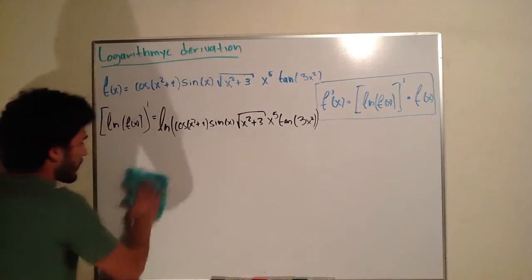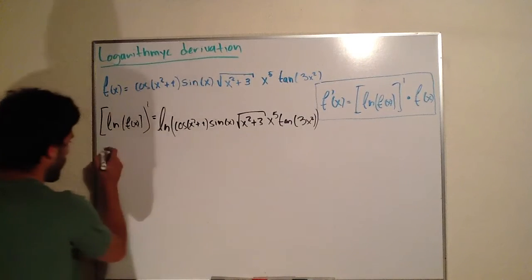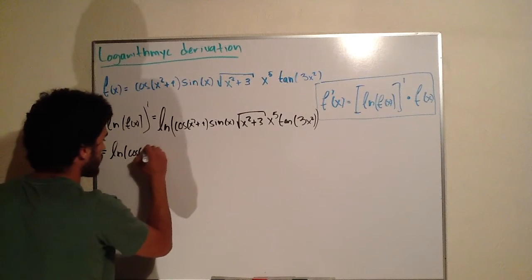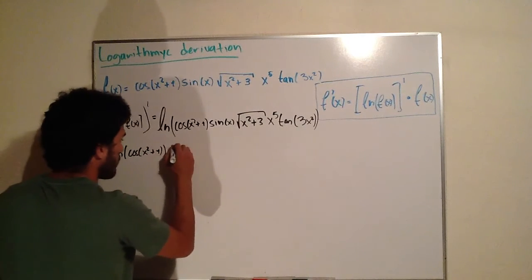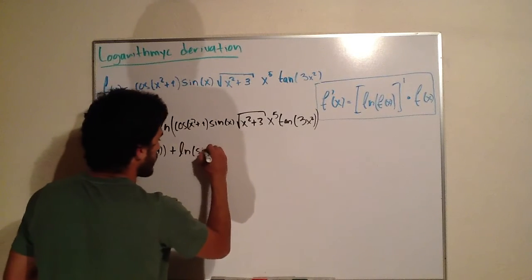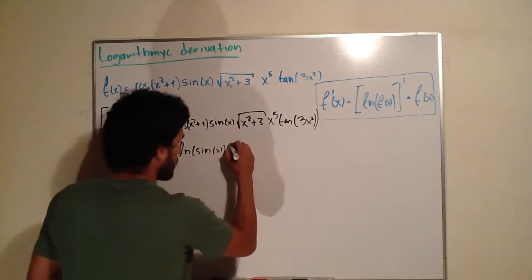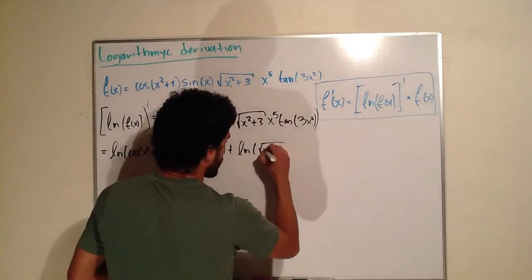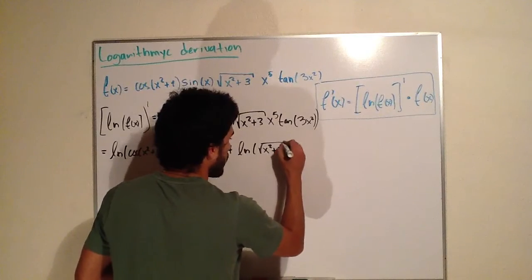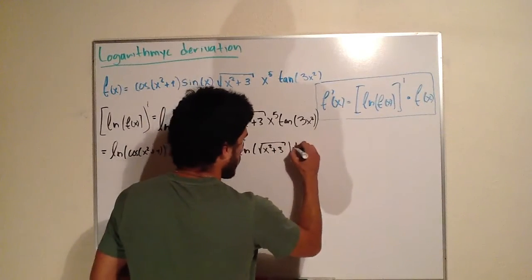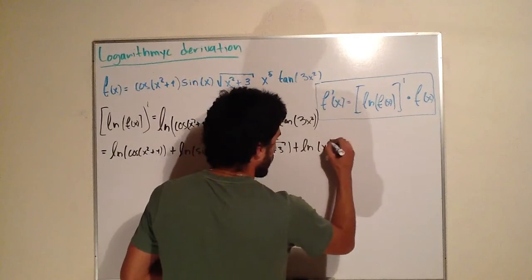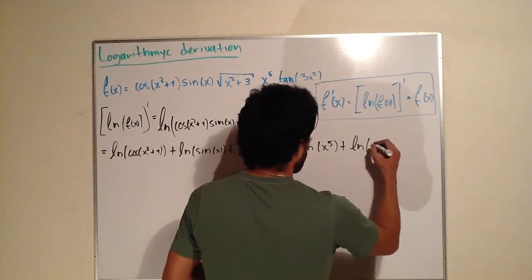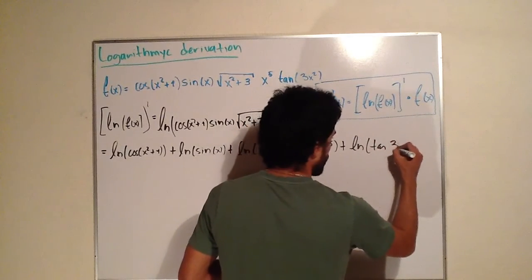We're going to do this, and it will be like this: natural logarithm of cosine of x squared plus 1 plus natural logarithm of sine of x plus natural logarithm of square root of x squared plus 3 plus natural logarithm of x to the power of 5 plus natural logarithm of tan of 3x squared.